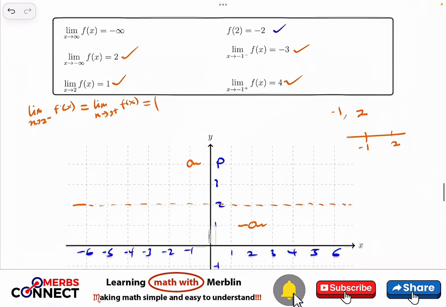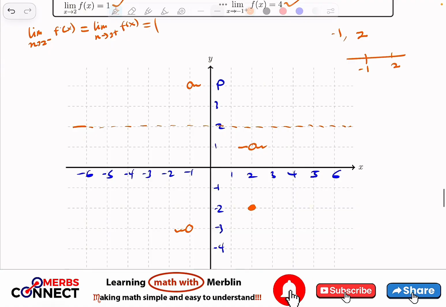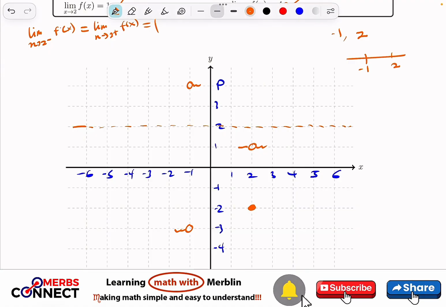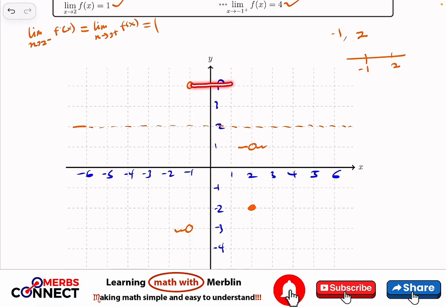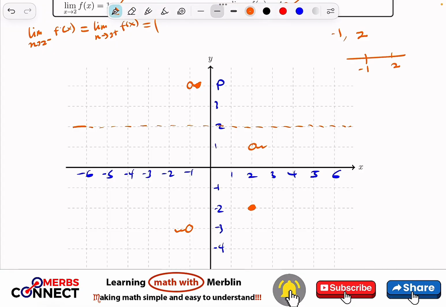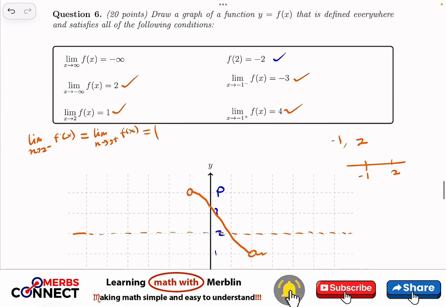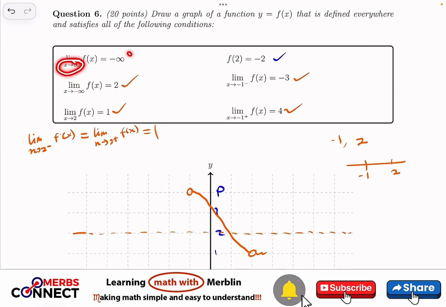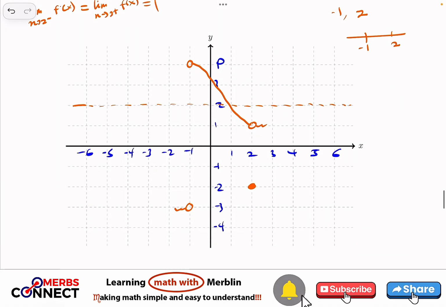So now let's see how we can join the graph. This graph here is coming to the right, and this one too is going to the left, so they should meet, right? I can do this one like this, catching like this. And then we said that if x is approaching infinity, it should be going to negative infinity.